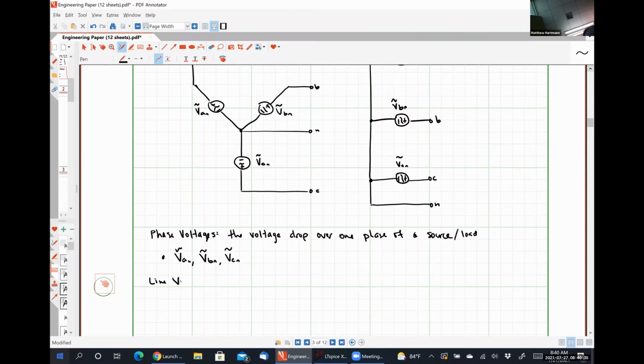Next, I'd like to introduce the concept of a line voltage.